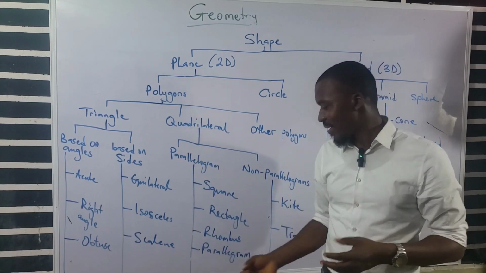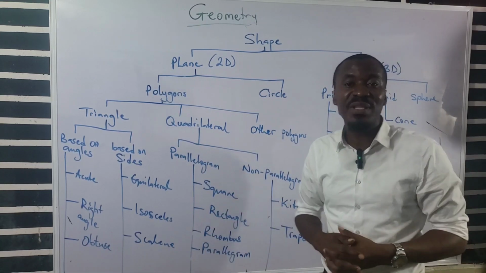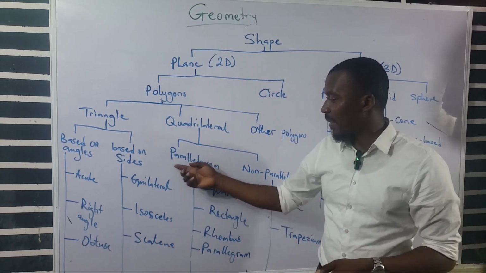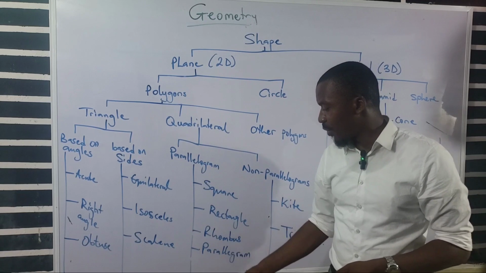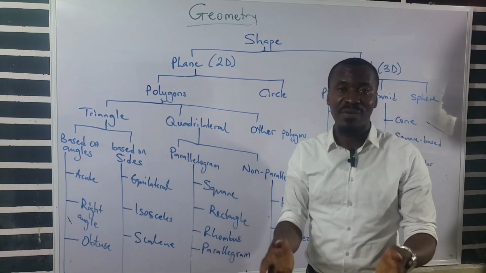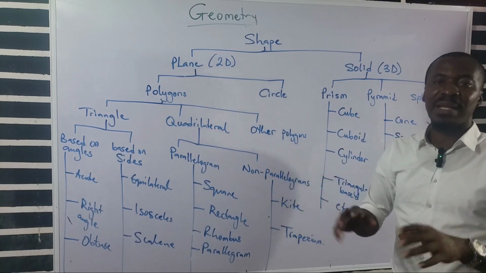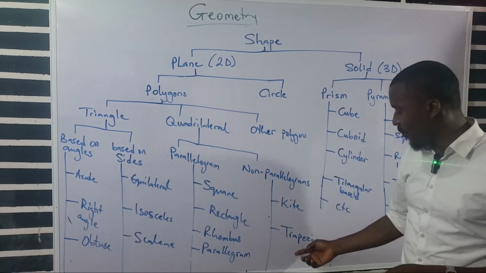I feel that maybe this one doesn't have a special name, so we leave it as a parallelogram. So a square is a parallelogram, a rectangle is a parallelogram, a rhombus is a parallelogram, and then we have the parallelogram itself. Then we have the non-parallelograms. Under non-parallelograms we have the kite and the trapezium.